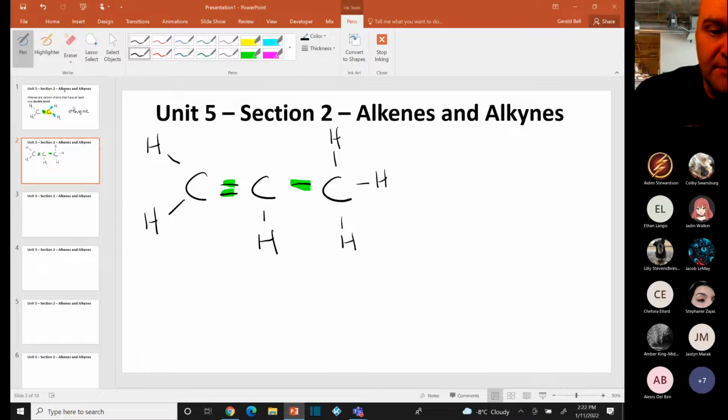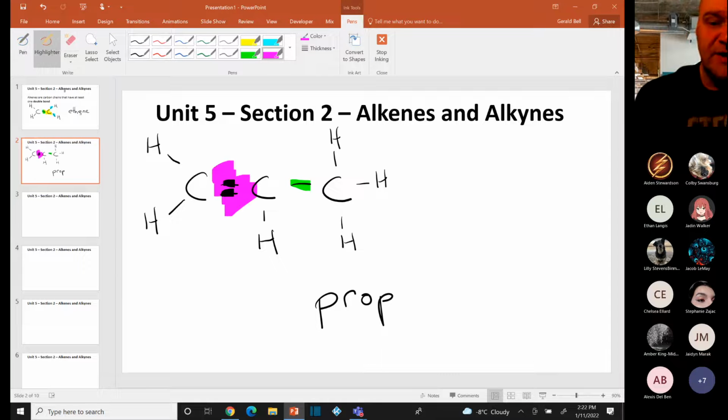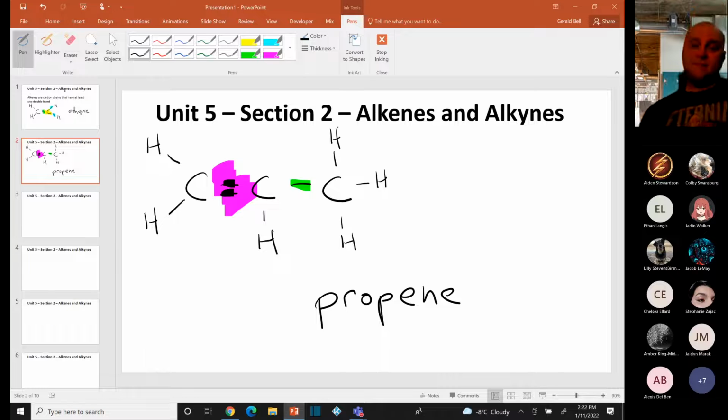Okay, so 3 carbons. We use prop to represent 3 carbons. Because there's a double bond right there, we have to reflect that in our name by putting an ene here. Propene. And that is our alkene with 3 carbons.